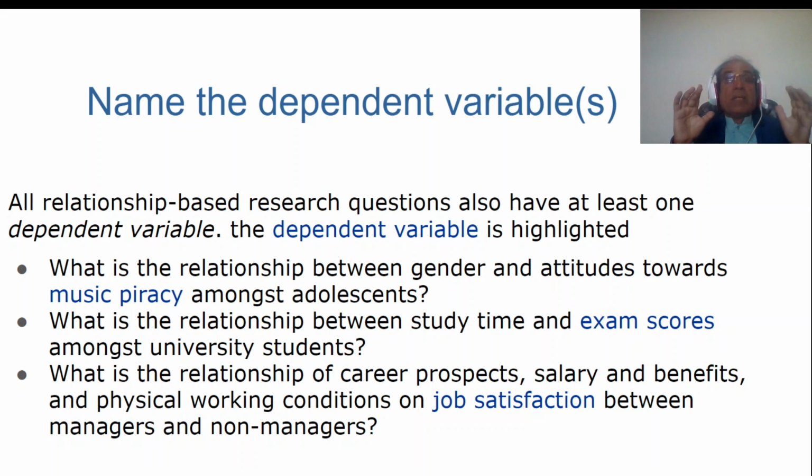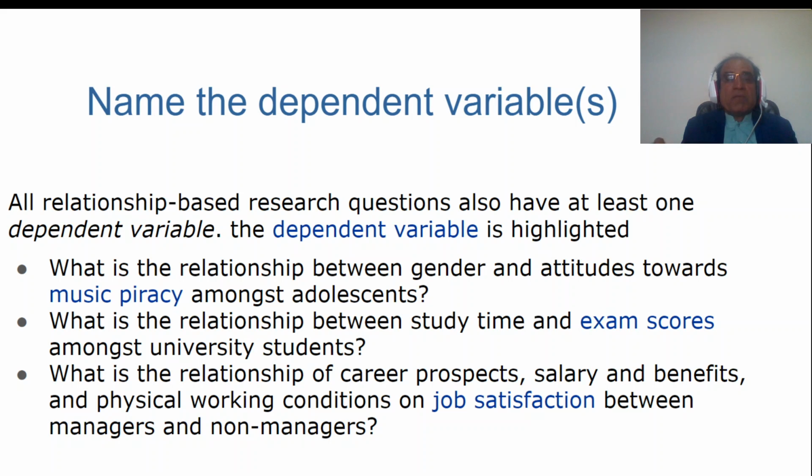Now, name the dependent variable. Our relationship-based research question also has at least one dependent variable. The dependent variable is highlighted in this example. What is the relationship between gender and attitude toward music piracy among adolescents? In this example, music piracy is the dependent variable.